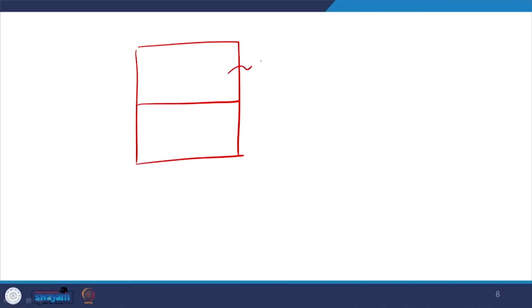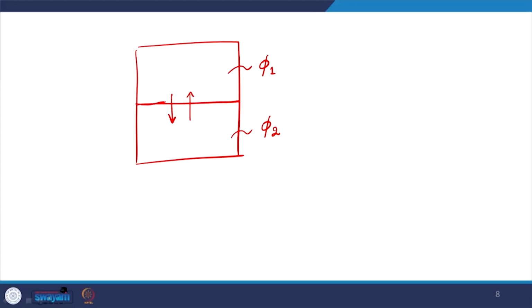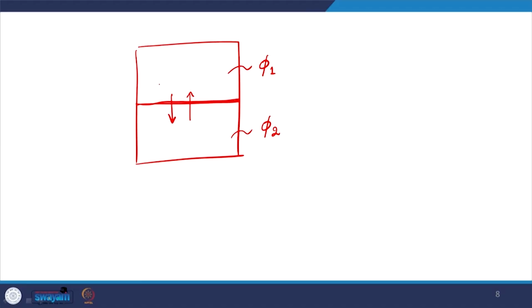So, let us say one of the phases has some volume fraction phi 1 and the other phase has some volume fraction phi 2, and I want to know what is the direction of the transfer of the solute and solvent in this particular case, right. So, clearly the transfer is going to occur in the direction where the total Gibbs energy is minimized, but in terms of the chemical potential, it is driven by the gradient of the chemical potentials.